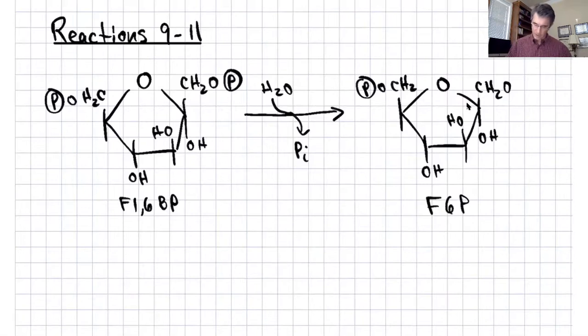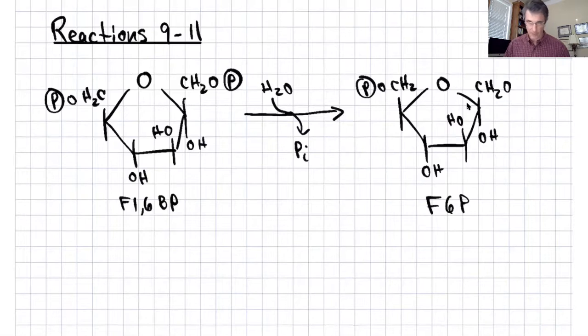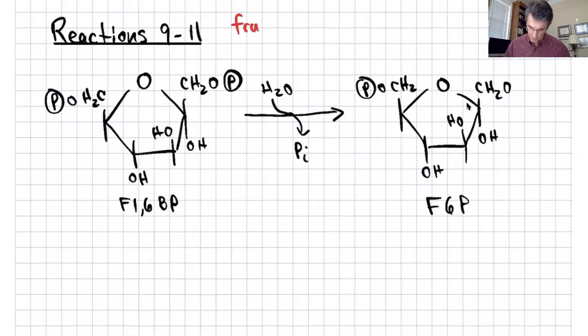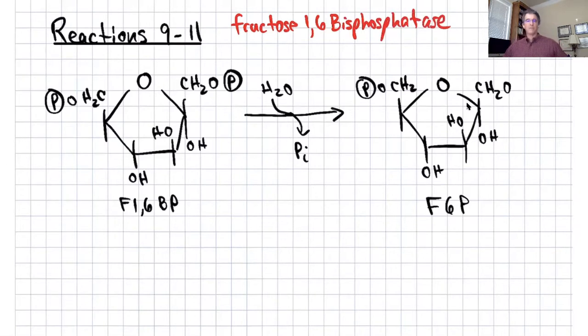The enzyme that runs this reaction is, of course, going to be a phosphatase, and it's pretty obvious to imagine what it would be called: fructose 1,6-bisphosphatase, right? So it basically just uses water to hydrolyze that phosphoester bond.